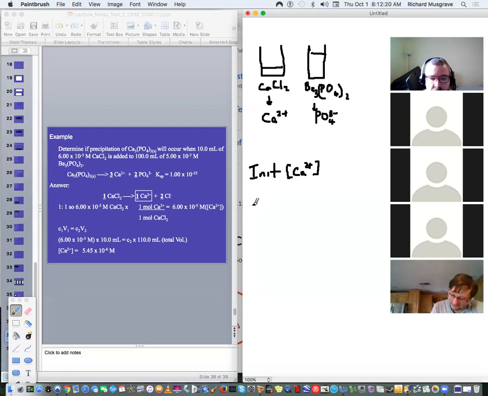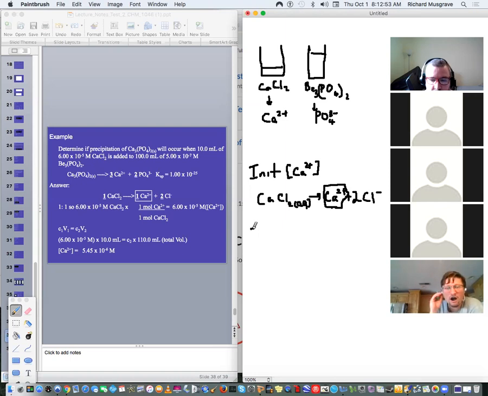Well, how do we do that? Well, first of all, we have to see how calcium chloride breaks up in solution. So CaCl2, which I'm going to say is aqueous, and that's going to break apart into Ca2+ and 2 Cl-. Remember, we're not interested in the CaCl2 per se, we're interested in this, the Ca2+, which is why I've put a square around it.